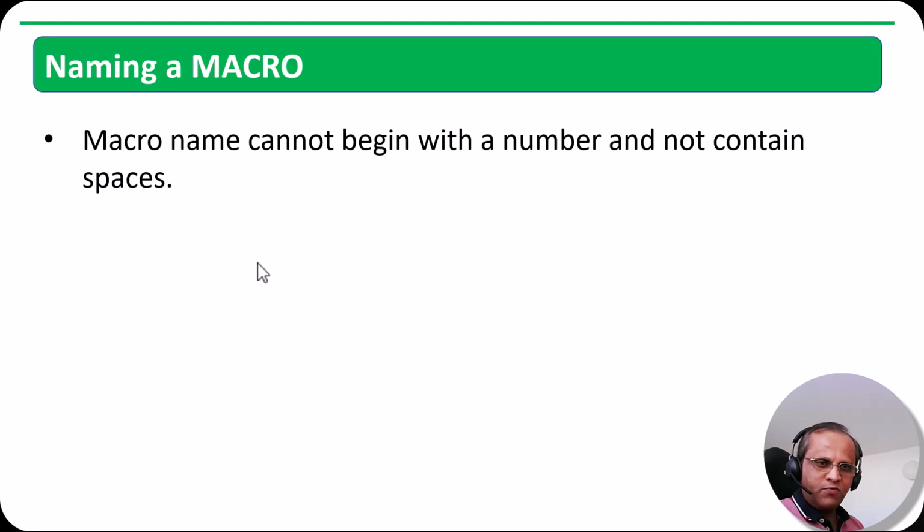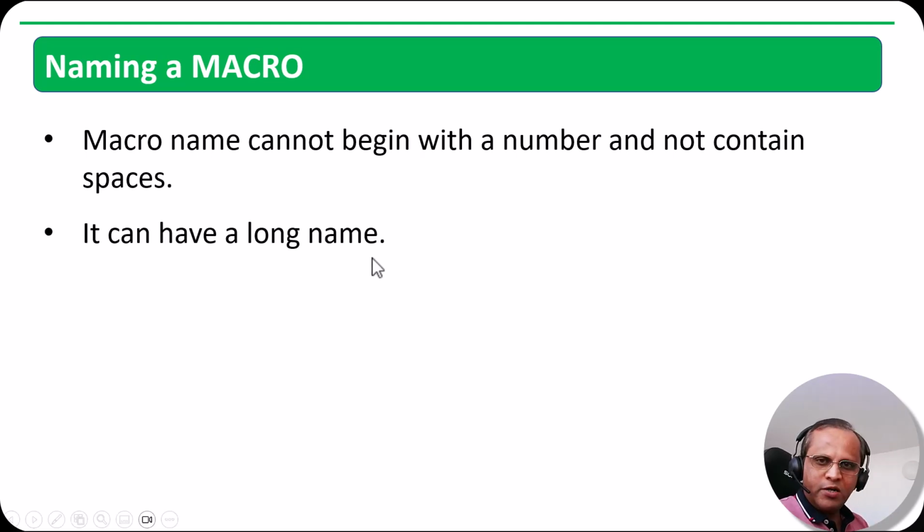Formatting is one word, cells is another word. Between formatting and cells, I cannot keep a space. Either I have to put an underscore or a hyphen or dash. That is what you have to remember. Another thing is that the macro name should not start with any number. It should always start with text, and later on, if you want to write some number, that is fine.